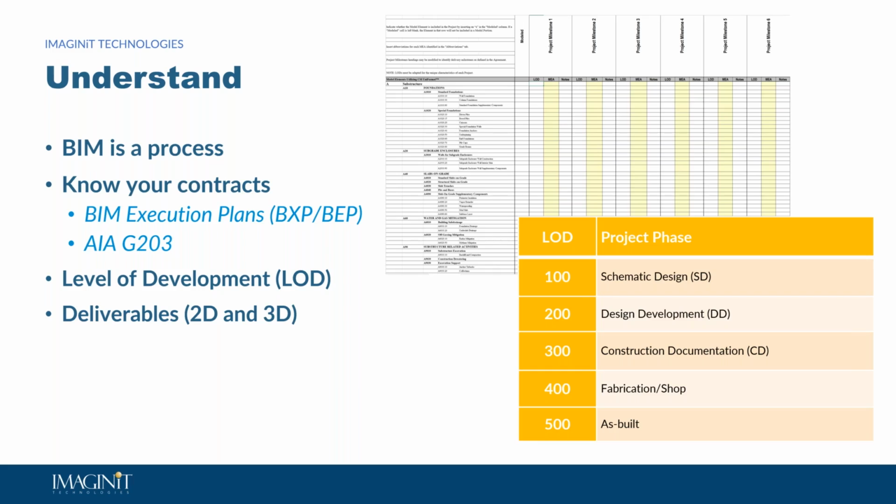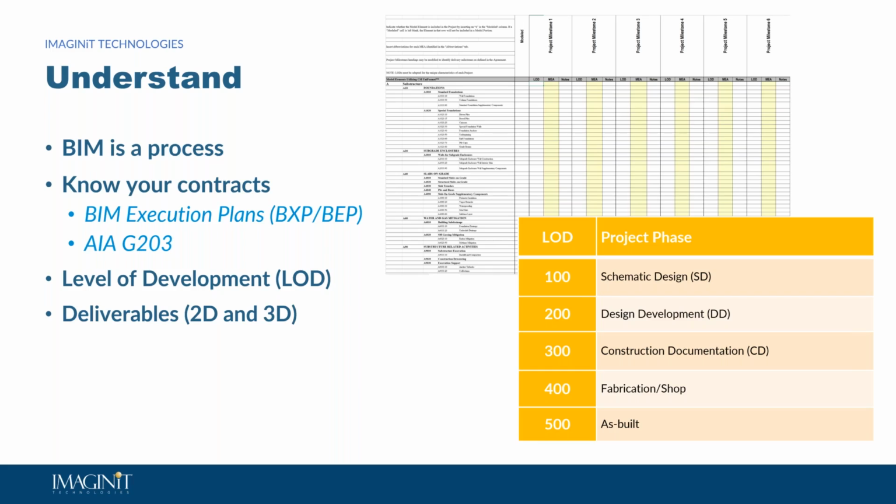but then also understanding level of development, which I'll talk about in a second here, and understanding what your deliverables are throughout the process of design and construction. So the AIA lays everything out into 5 phases of LOD, or five levels, I should call it, of LOD. At LOD 100, we have schematic design.